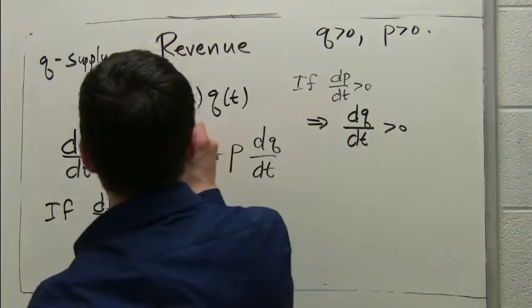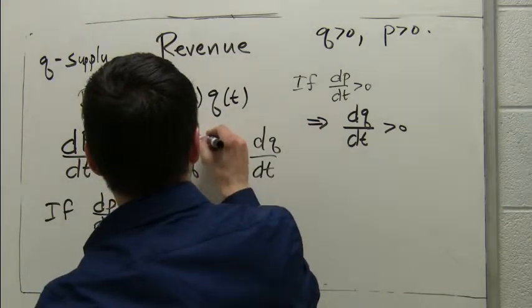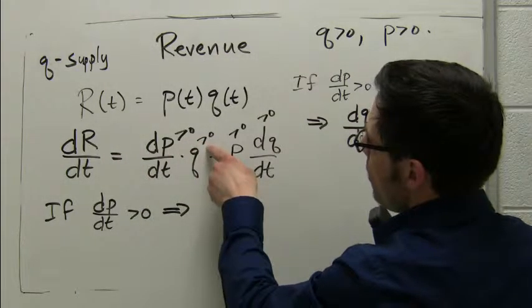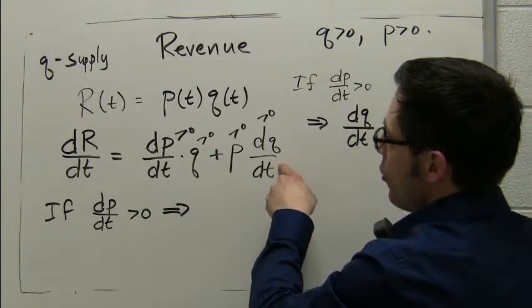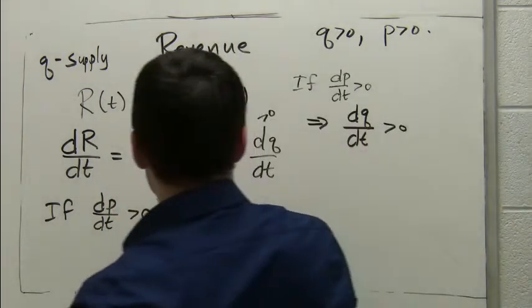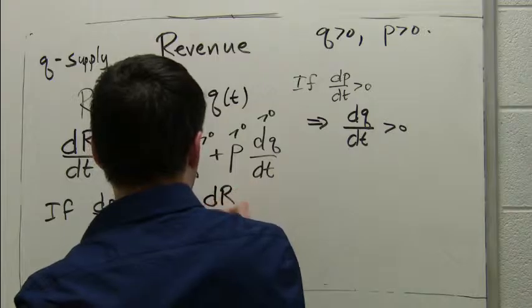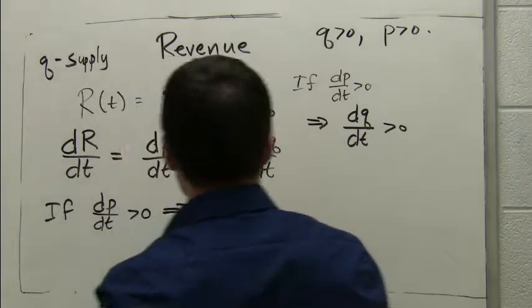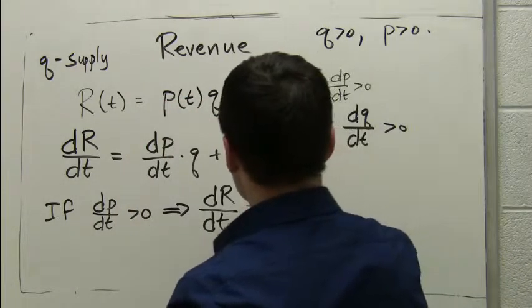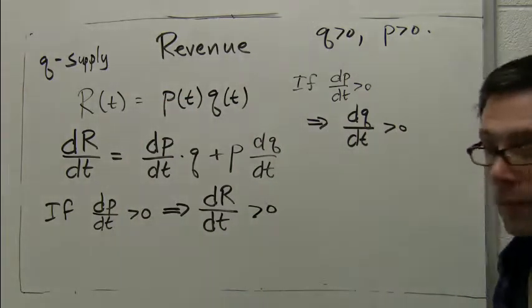So what I end up having is this is positive, this is positive, this is positive, and this is positive, bigger than 0, bigger than 0, bigger than 0, and bigger than 0. They're all positive, so that would imply that the derivative of the revenue with respect to time must also be positive. So revenue is increasing.